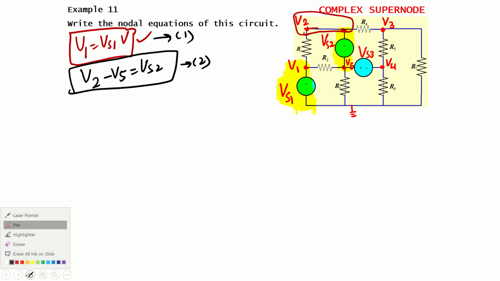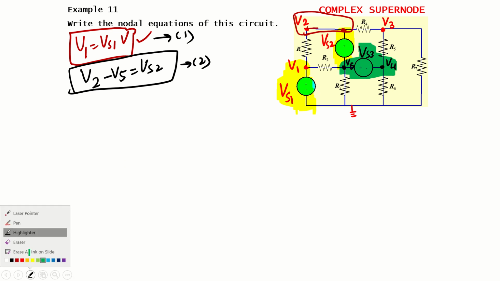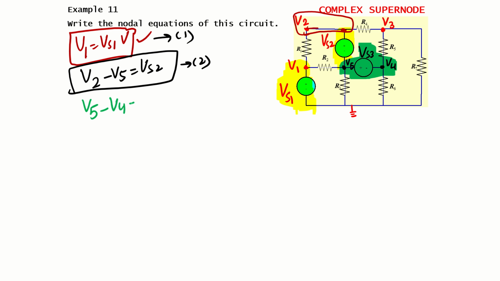But if you look carefully again, we can notice that there is another voltage source between the nodes V5 and V4. So this is also making a supernode. What is the equation for this supernode? V5 minus V4 is equal to Vs3. So this is my third equation.